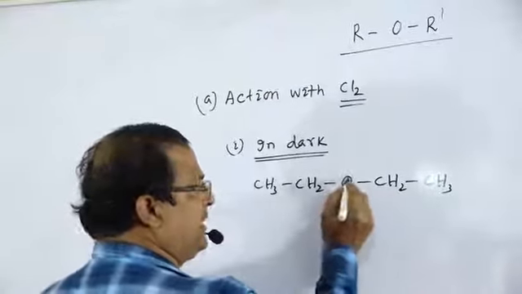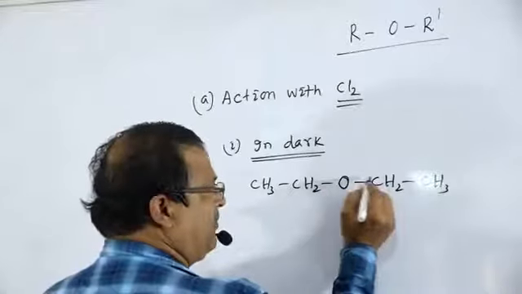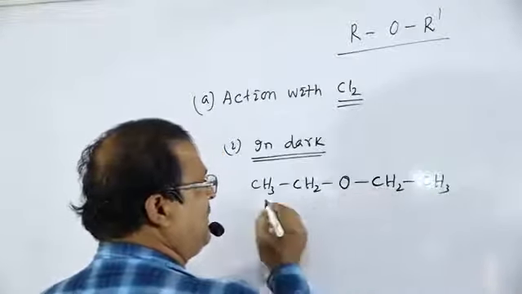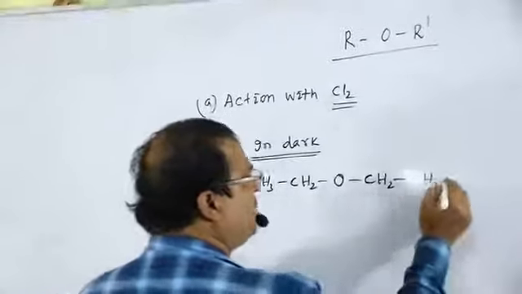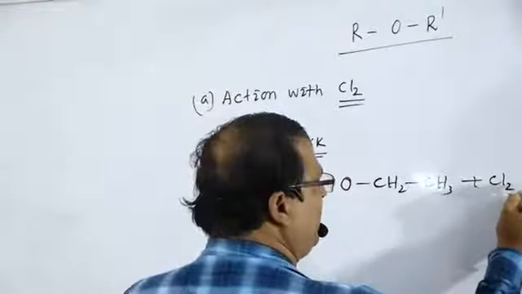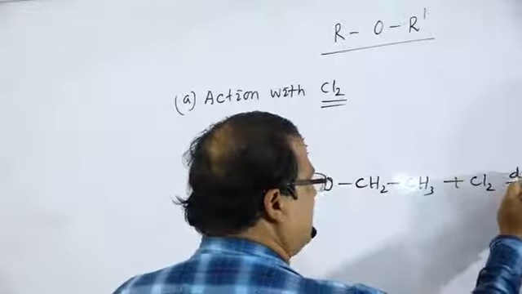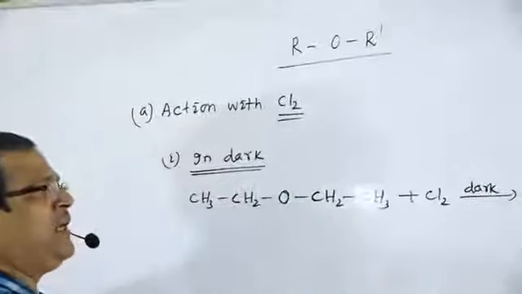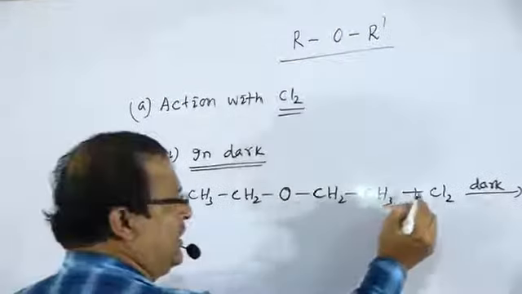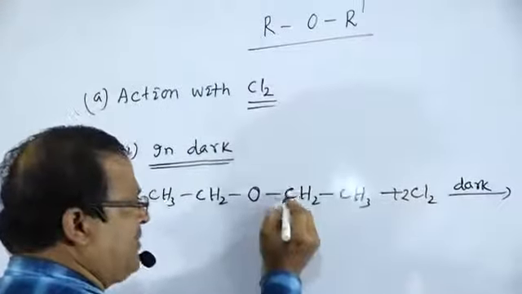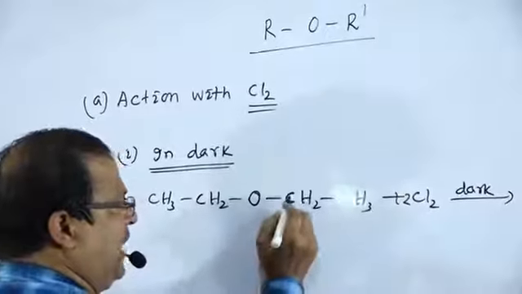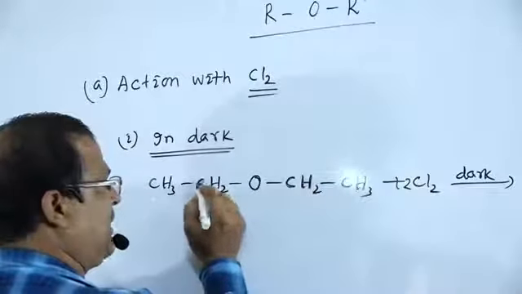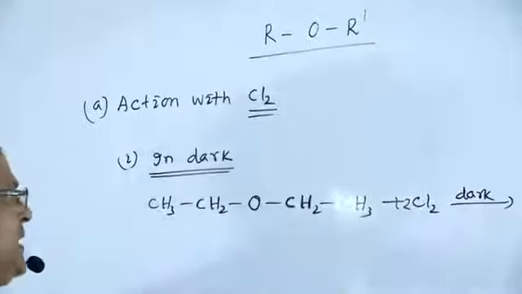The carbon atoms nearby to the oxygen atom are the alpha carbon atoms, and these are the beta carbon atoms. Whenever this is treated with chlorine in dark, what will happen? The hydrogen atoms from the alpha position will get replaced by chlorine.